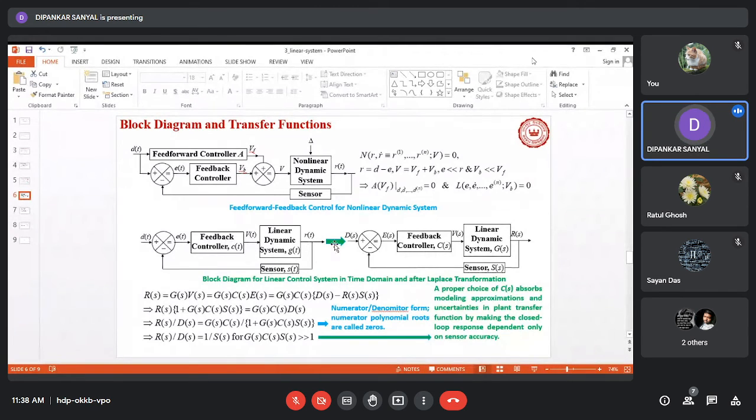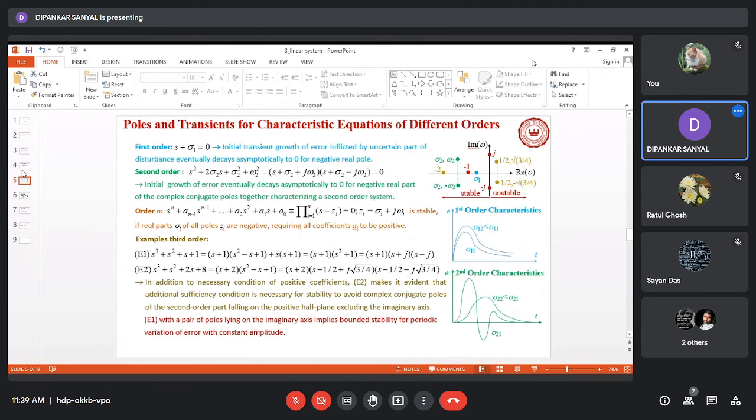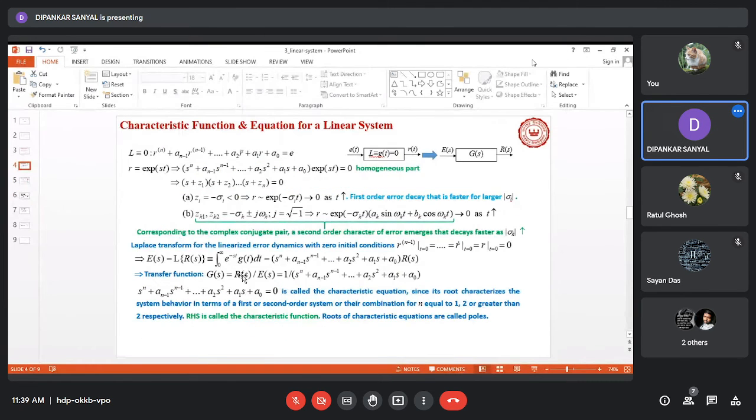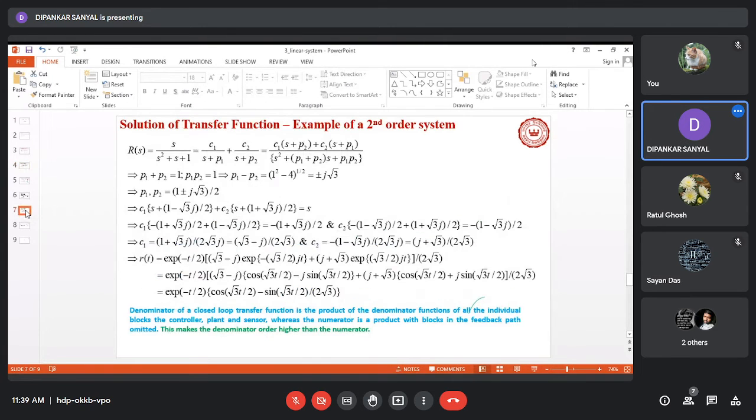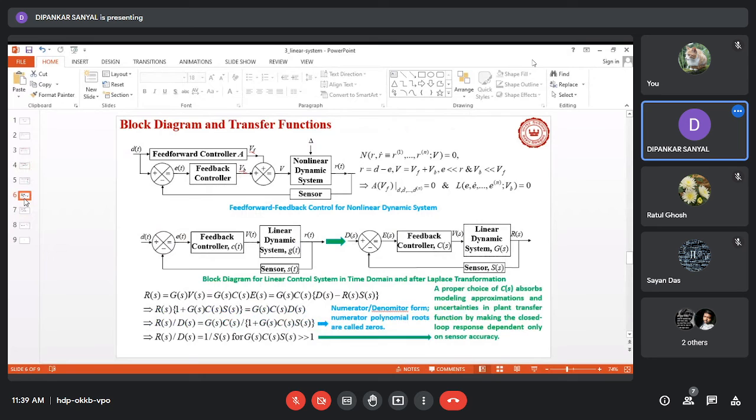After Laplace transform, this d(t) gets to this D(s), this e(t) goes to E(s), this v(t) goes to V(s), etc. So instead of t, because of this transformation, all t functions become s functions. So that is the result of the Laplace transformation.